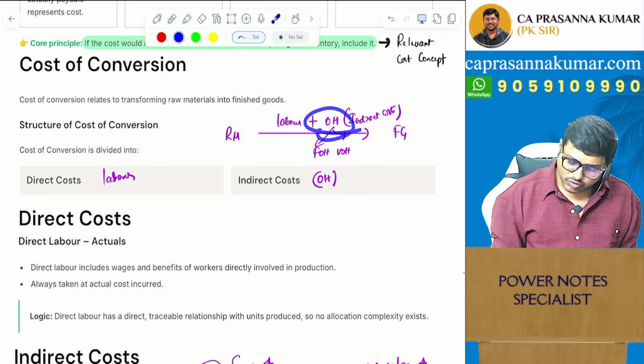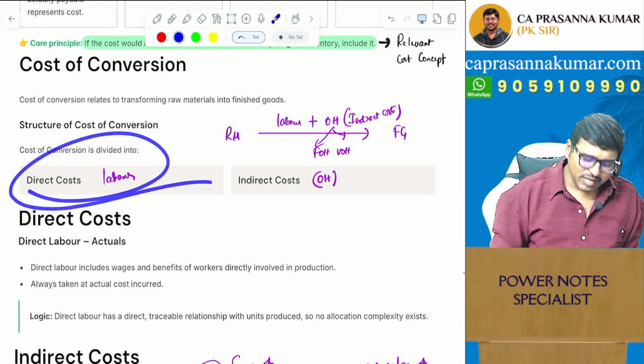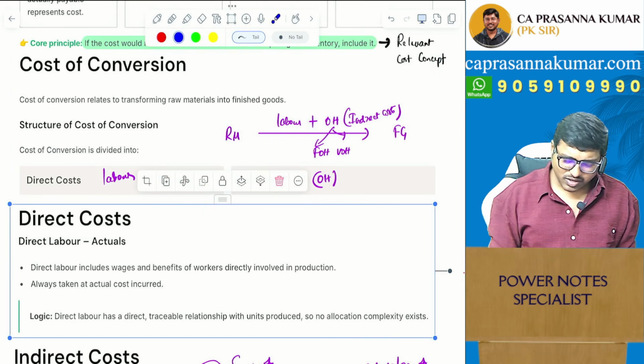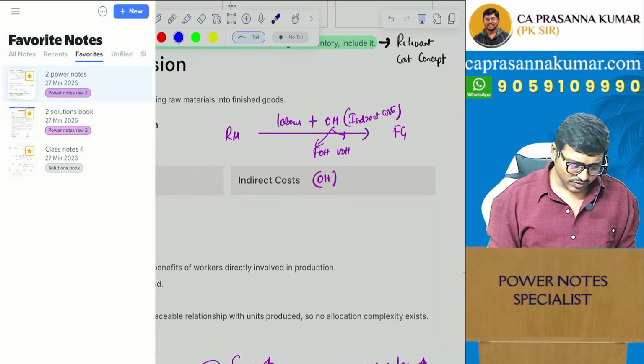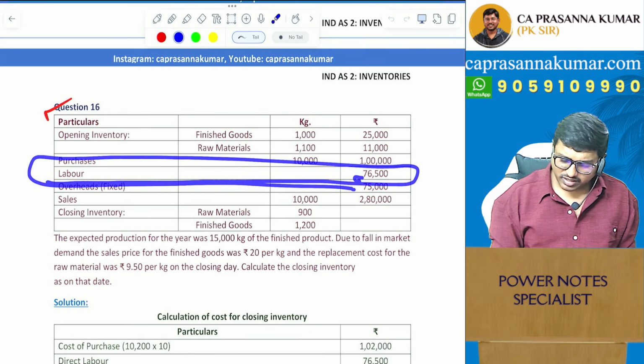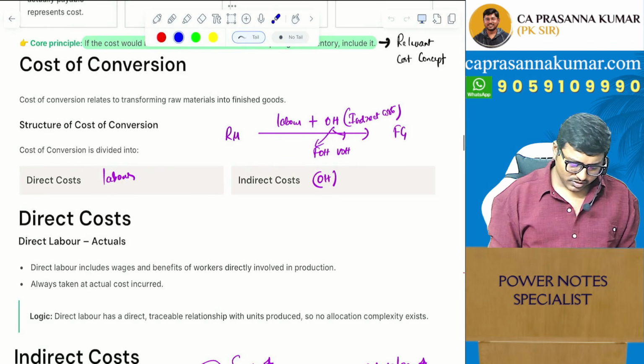And when it comes to overheads, which is nothing but indirect cost, you have got two types of overheads, fixed and variable. Got it? In case of labor, you need not learn anything. It will be given in the question. You just copy paste, because this is not costing, so that many complications will not be there. For example, you see this question. Do you need to learn anything to take labor here? 76,500 is given. Just copy paste that. That's all. So nothing much to learn.